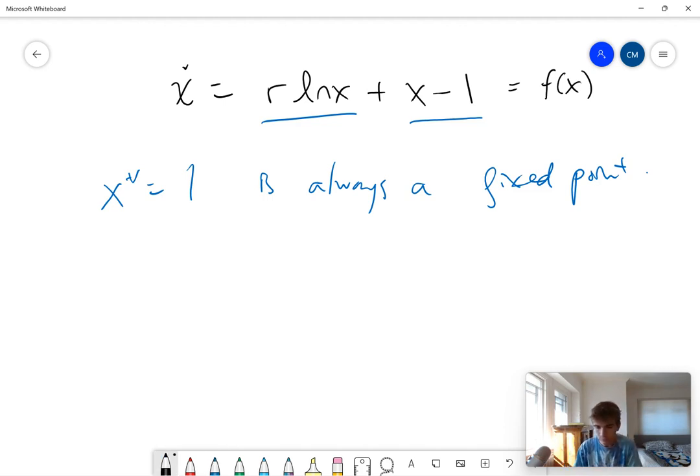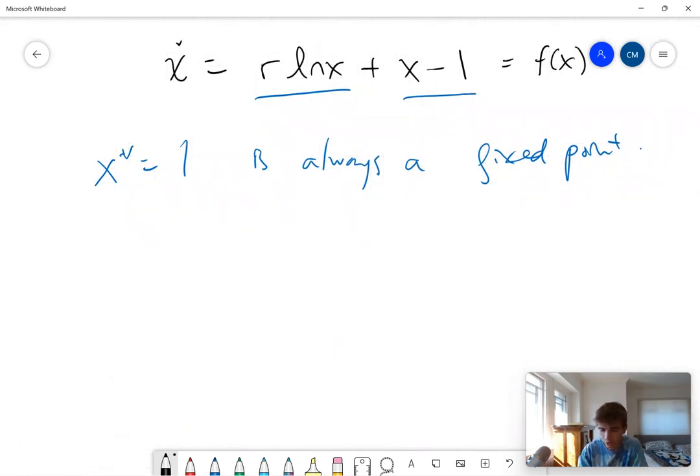So the next step is to Taylor expand around the fixed point, okay? To do that, I could do it directly, or as Strogatz does, I can do a change of variables. u is equal to x minus 1. And that way I can just do the Taylor expansion about u equals 0, and it will always be centered at the fixed point.